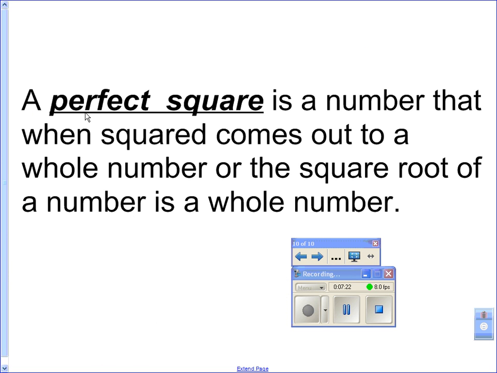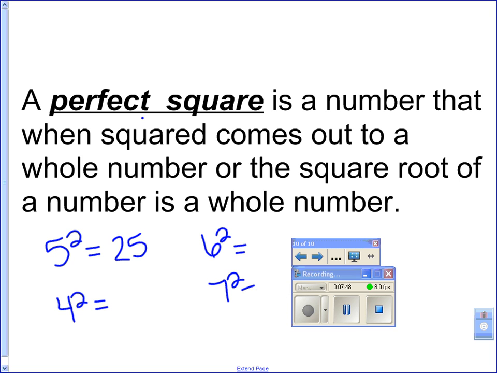Okay, a perfect square is a number that when squared comes out to a whole number, or the square root of a number is a whole number. So you don't ever want a decimal or a fraction when you are working with a perfect square. So 5 squared is going to be a perfect square. 5 squared is 25. 4 squared is going to be a perfect square. 6 squared is going to be a perfect square. 7 squared is going to be a perfect square.